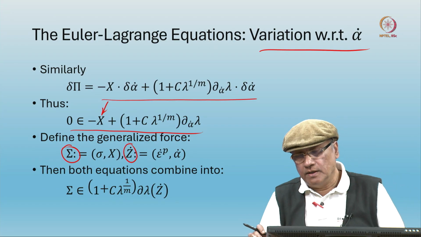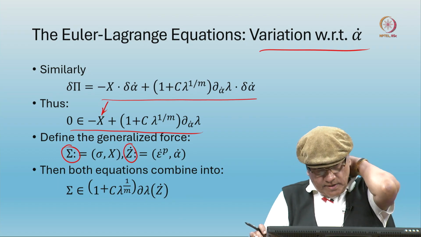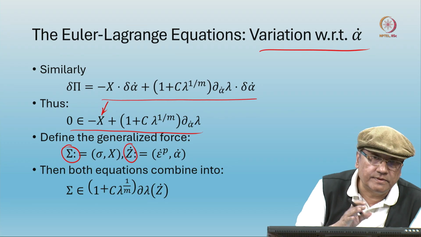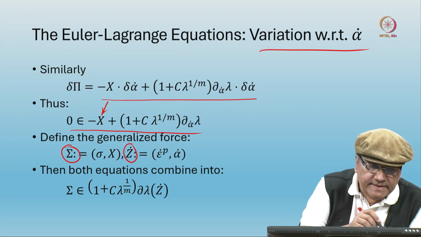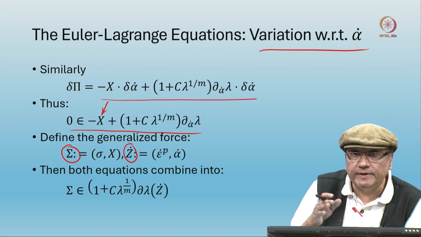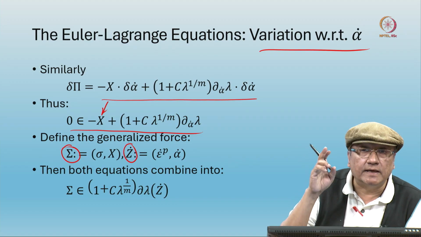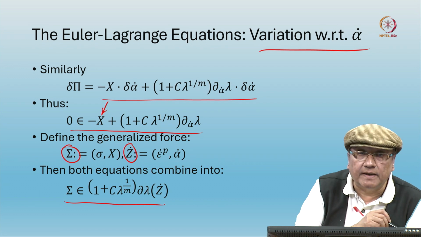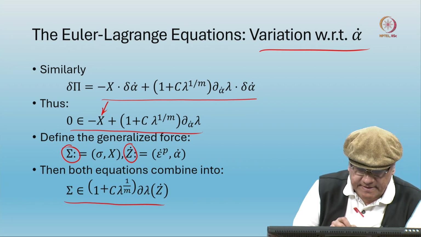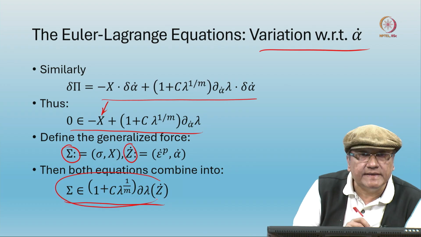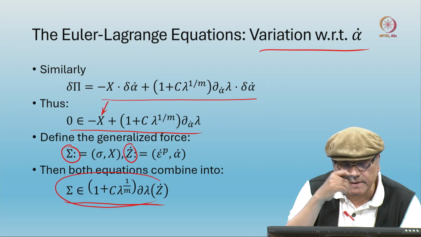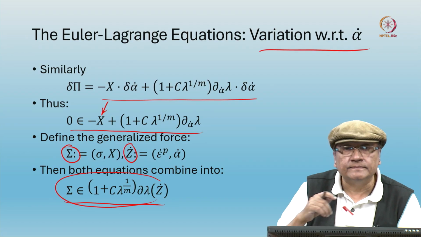So now you have a combined equation by setting delta pi equal to 0 with respect to variations with respect to both alpha dot and epsilon p dot. So capital Sigma equals this. Instead of belonging to, you read it as equal to, provided things are smooth.